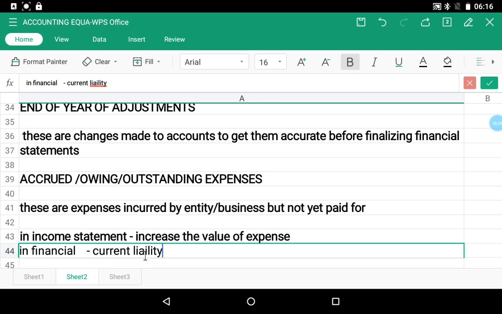You have used expenses or you have used something but you have not yet paid it. It's the obligation to pay anytime, that's why it is recorded under current liability.